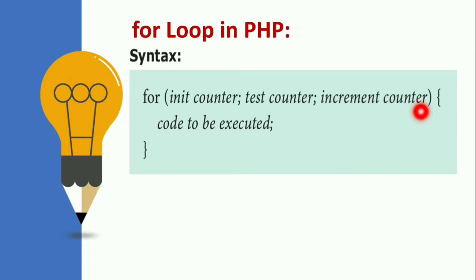That increment should be decided, and these three are the important features: initial value, test condition, and increment or decrement. And inside this you can write the set of code to be executed. This is the syntax, general format for loop.